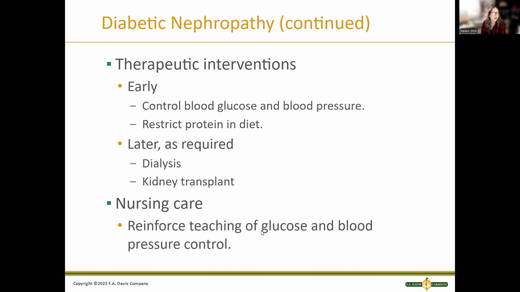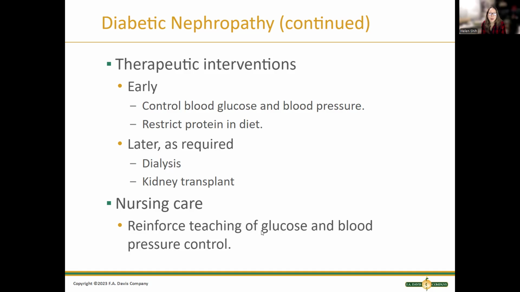Therapeutic interventions for diabetic nephropathy are to control blood glucose and blood pressure, and then to restrict protein in the diet because some of this damage to the kidneys will allow protein to leak out of the bloodstream into the urine. Last chapter, we looked at how filtration happens in the glomerulus, and you saw that there's a little bit of these holes where water molecules and waste products can filter out, but blood plasma protein was too big to pass through.